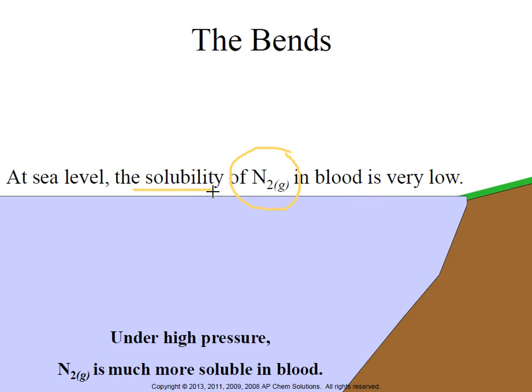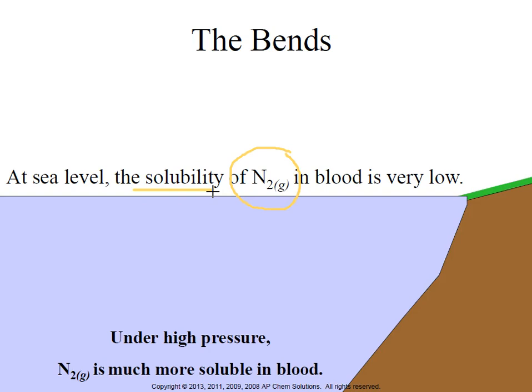So when you breathe in air, you are actually breathing in mostly oxygen, but mostly nitrogen. But the nitrogen has a very low solubility in your blood, so your body just breathes it right back out. It doesn't dissolve in your blood as the alveoli in your lungs make contact with the air coming into the lungs. So the oxygen's picked up, but the nitrogen is just pretty much ignored by your body.